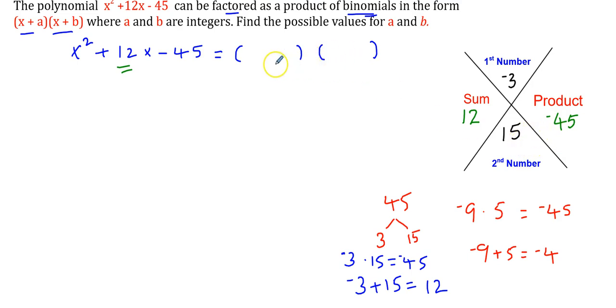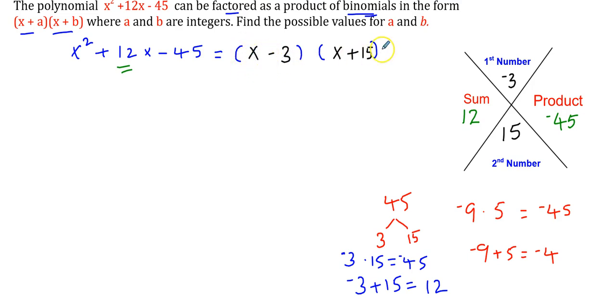Hence, everything is satisfied. So the factors of x square plus 12x minus 45 are x minus 3 times x plus 15. On multiplication of these two factors, the product is going to be the same, x square plus 12x minus 45. We can even verify.